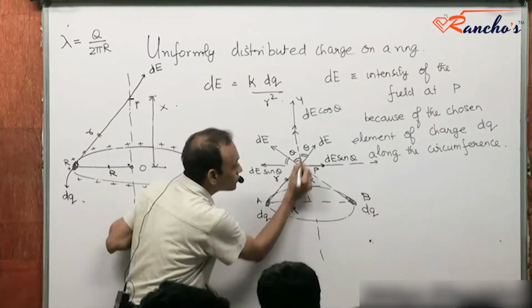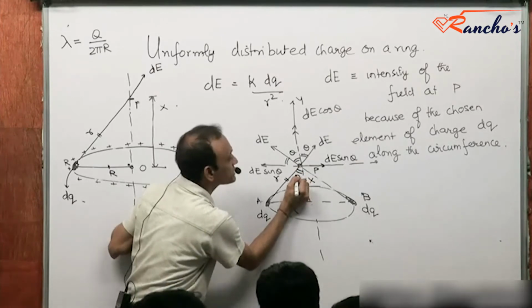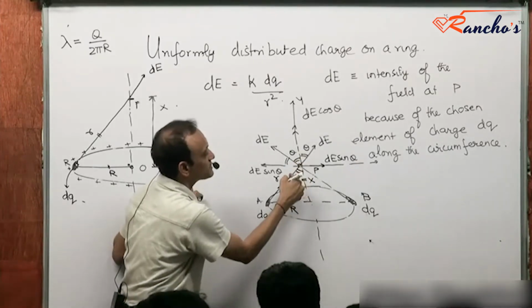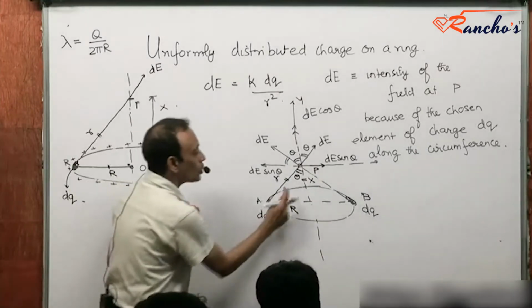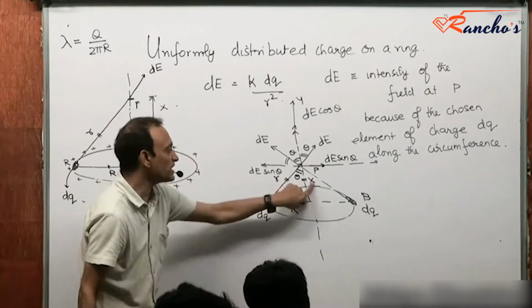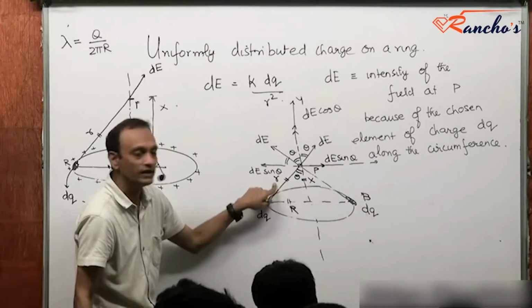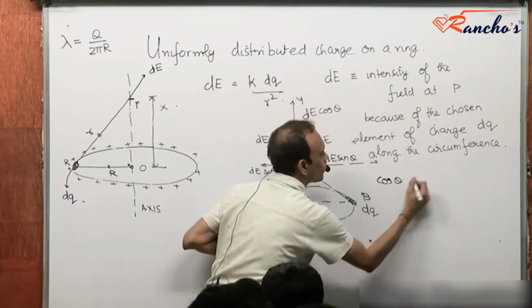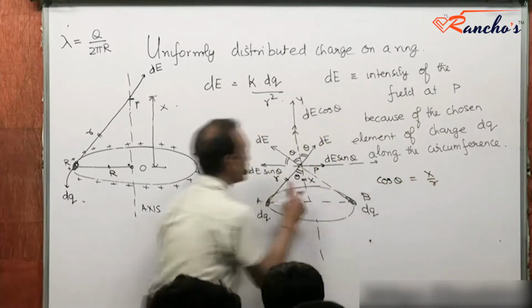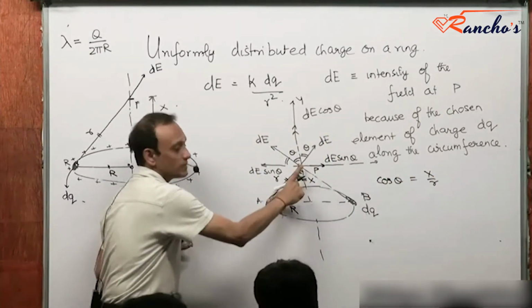Now, theta, theta, these are vertically opposite angles. Do you realize that? Yes or no? Cos theta therefore would be what? x by small r. Cos theta would be small x by small r.